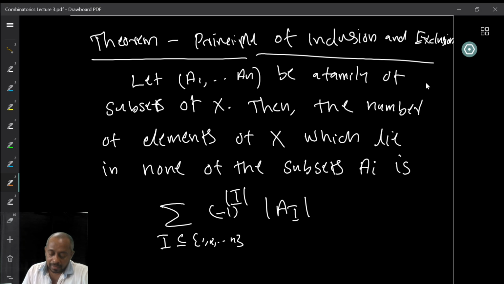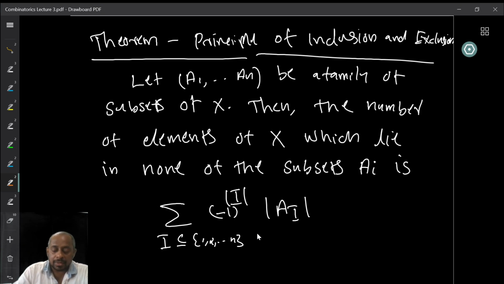Because if I is not empty, then we are looking at cardinalities of A_I, where A_I is the intersection of the sets with those indices, so x must appear in one of the A_i's to be part of any term in the sum when I is non-empty. Therefore, the only term in which x appears is when I is equal to the empty set.